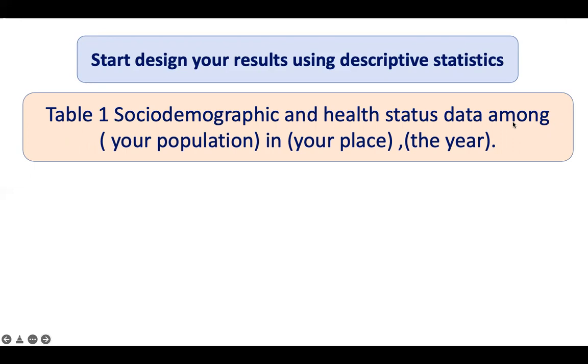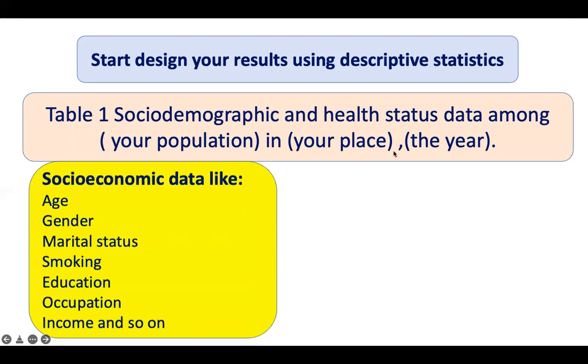You have to mention which population is in your data. Which population, I mean young, old, child, infant, male, female, medical students. This describes your population. Then the place, it may be in Jeddah, in Alexandria, in Riyadh, and then you mention the year.